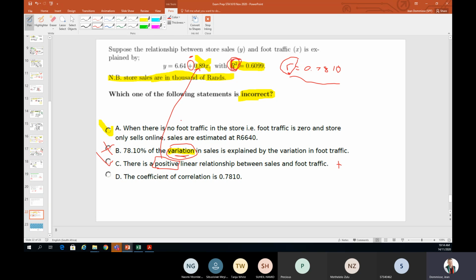Positive relationship because you've got a positive slope. The coefficient of correlation is that, yes, it is, because I just said if you take the square root of that, it works it out. So that would have been D.